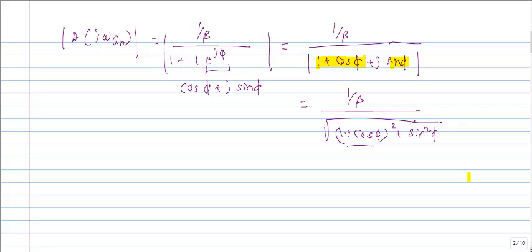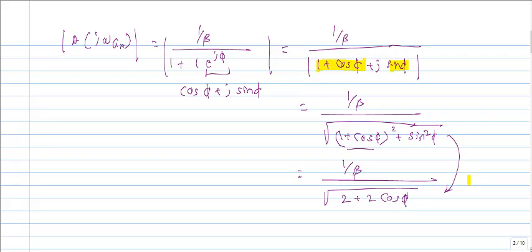So one could express this entire term, and when rewritten, we would end up with something like the square root of 2 plus 2 cos phi, okay? So you can try how to convert this expression onto this expression. Just a simple trigonometry that you have to use here.